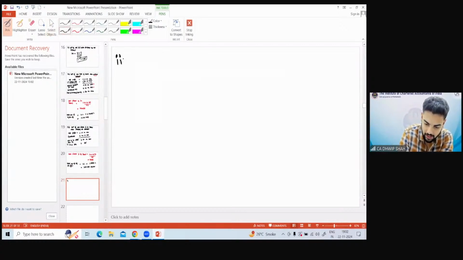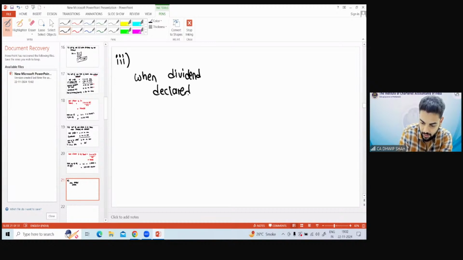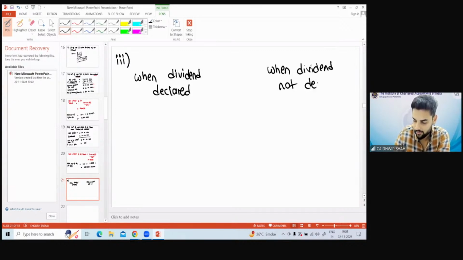Part 3. The third part is proving when dividend is declared and when dividend is not declared.